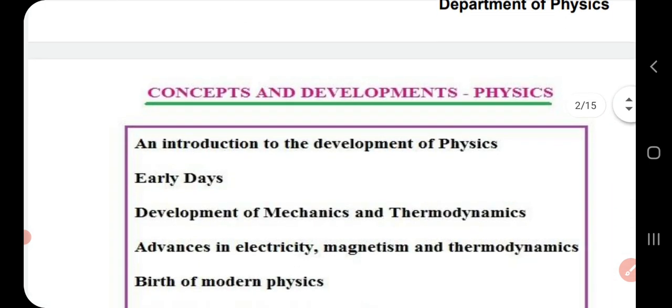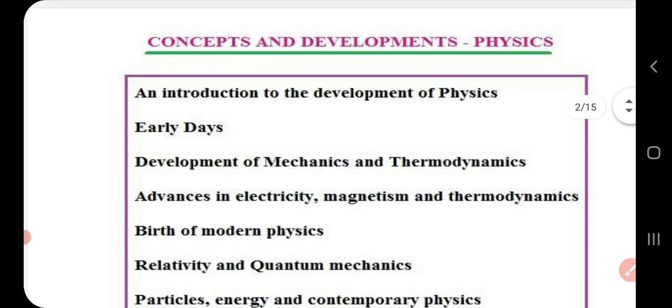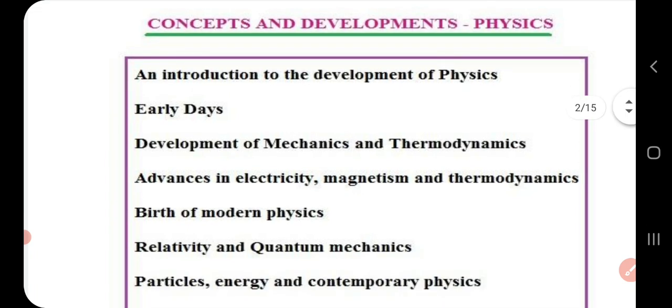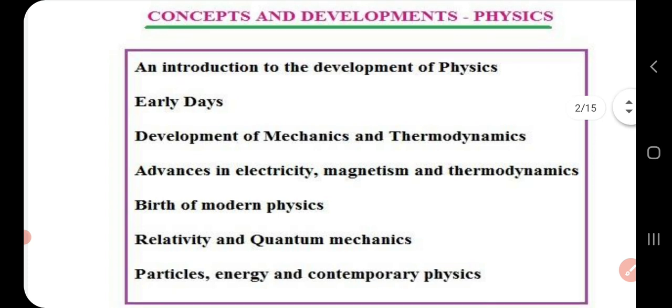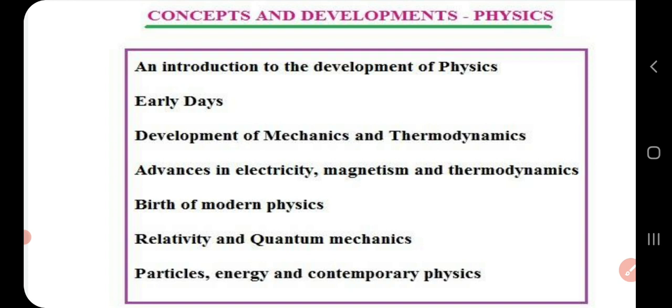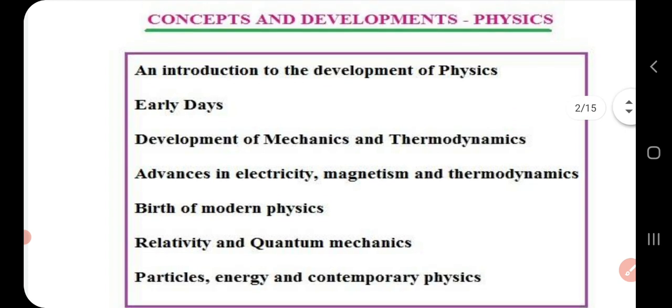In that, there are a few topics that you have to read through the text, because I will not be presenting these in the class, as there is nothing much to teach in this. This is just for reading.